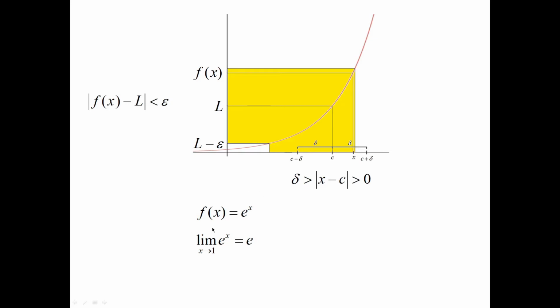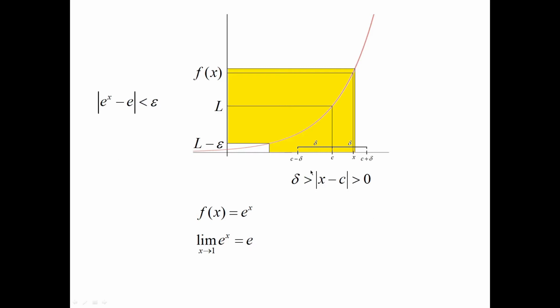And so we're going to use our information and plug it into our two inequalities. So first off, L, I'm saying the limit here is e. So I'm just going to change this L to an e. And we know the function is e to the x. So I'm just going to change the function here to e to the x.